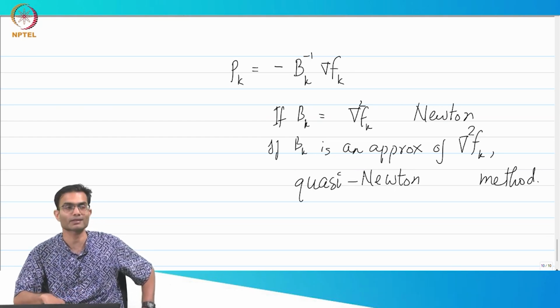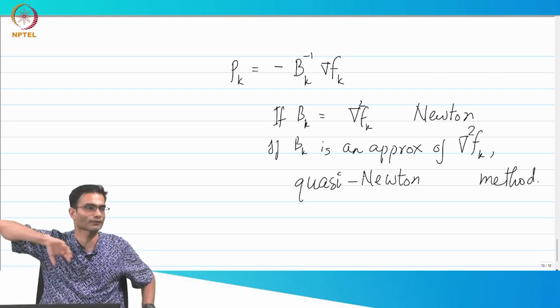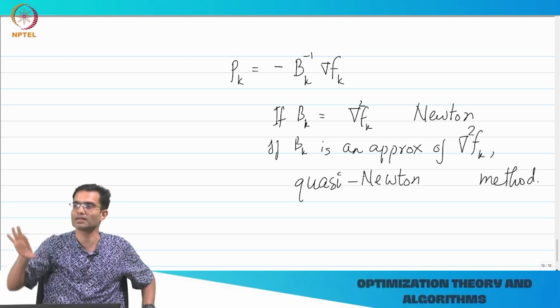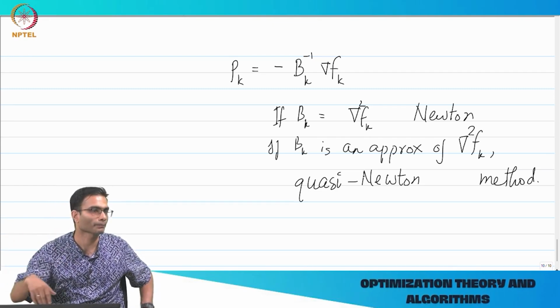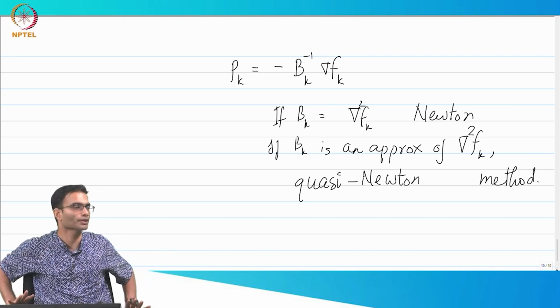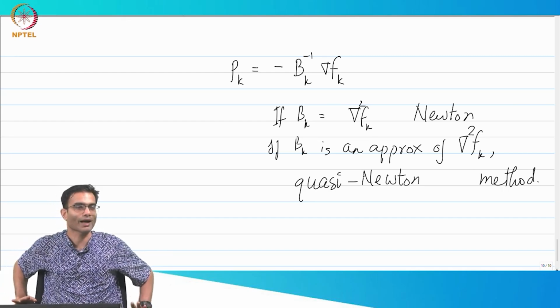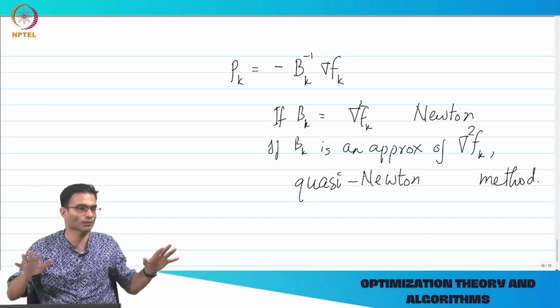You will find the same term bk being used throughout the discussion that will follow in the subsequent lectures, which means that I can switch between Newton and quasi-Newton depending on how I compute my bk. The whole point of a quasi-Newton method is that I want to approximate the Hessian, meaning I don't want to calculate it because we have seen what is the cost involved.